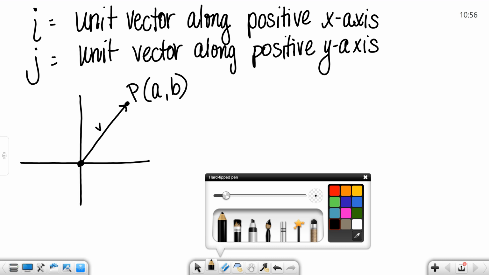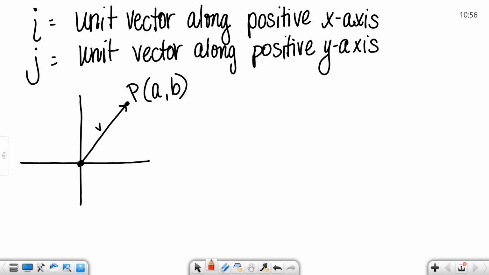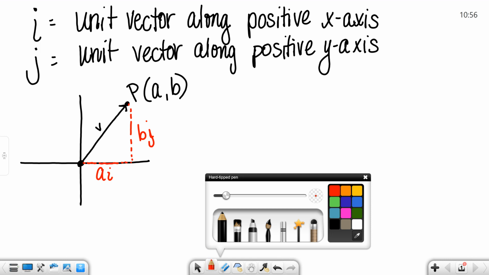Since I said our unit vector i goes along the positive x-axis, and then our unit vector j would go along the positive y-axis. Oops, that would be a j. All right, then this is how we would think about that.